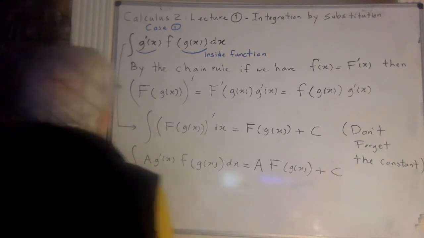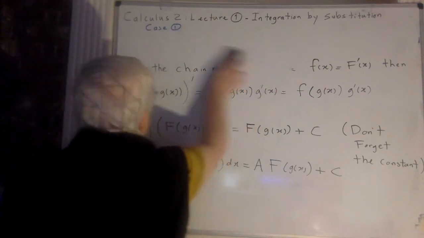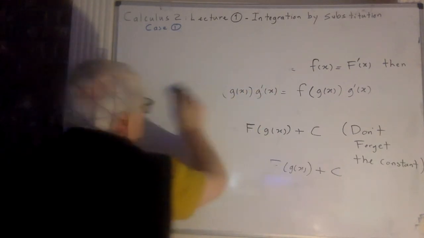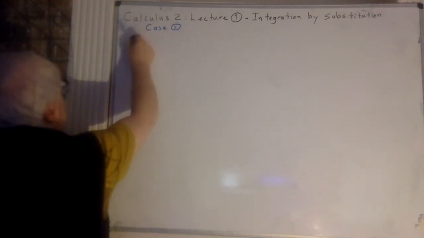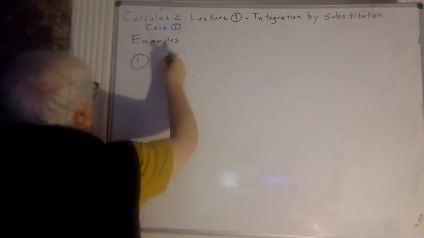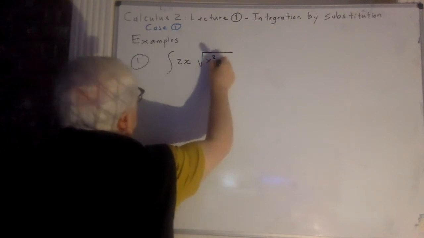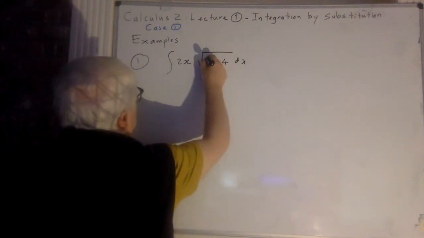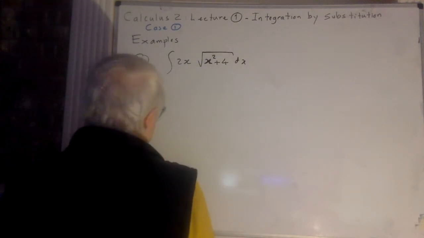So let me write some examples here. I wrote some examples. So number 1 can be this thing, 2x times radical of x squared plus 4. So the inside function is x squared plus 4.